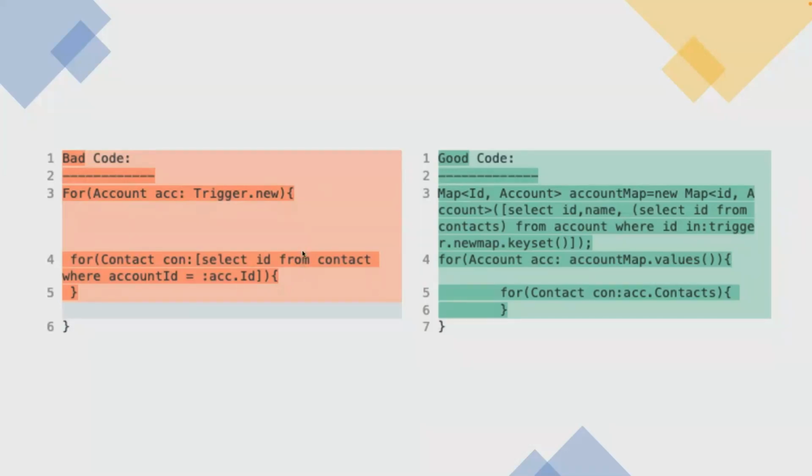Instead, we can query the account with a subquery on contact, use the map values, and under that map value access the contacts one by one. This is a good practice, and it will make the code efficient and increase its performance.